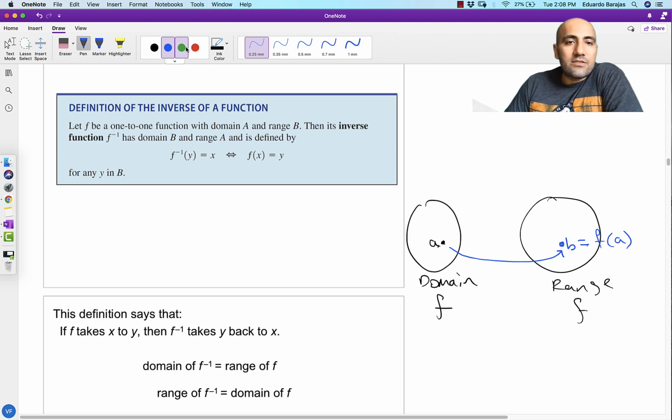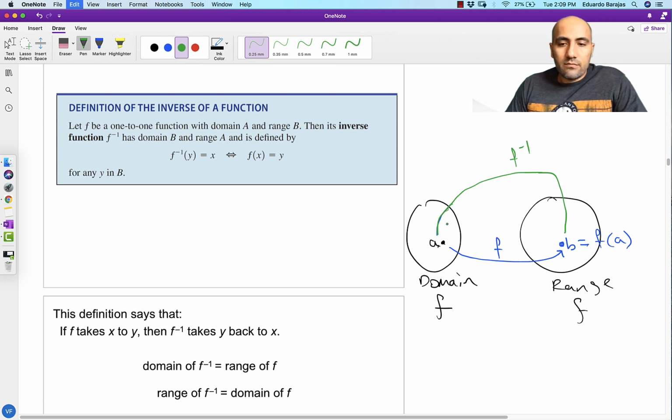And then what happens is you come over and you take this output b and you plug it into the inverse function. So this is f inverse, and this is f. So these functions will undo each other, right? So what happens if you plug in b? Well, it should take you right back to a, because they undo each other.